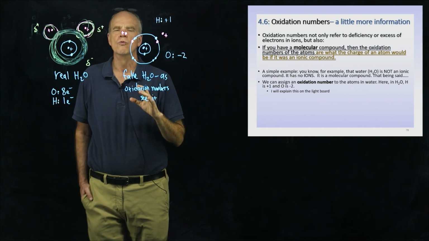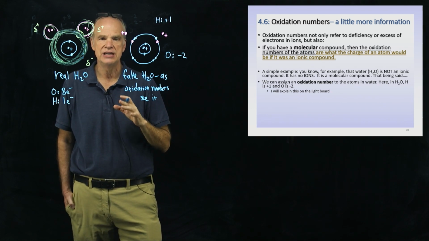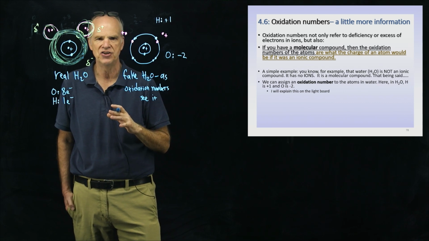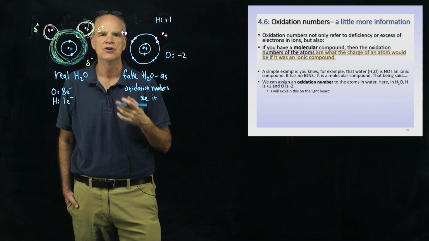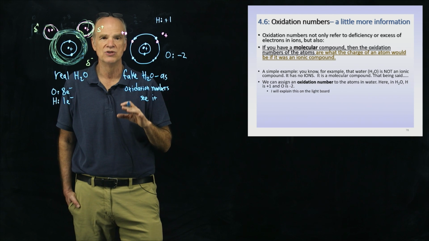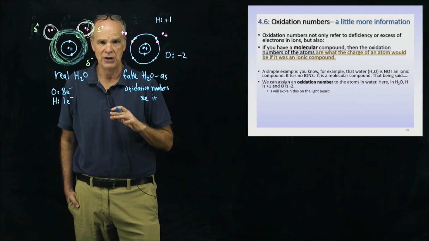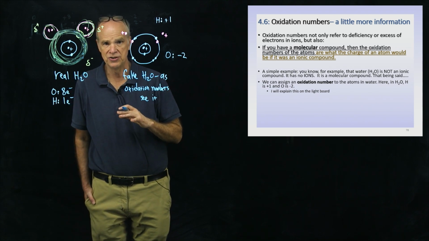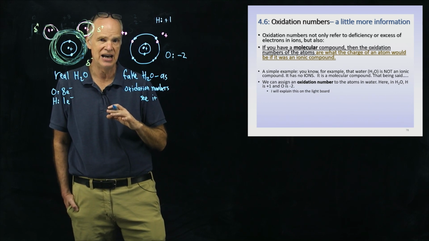So when you have an ionic compound, the oxidation number will be the same as the charges of the ions, because the oxidation number reflects whether you have extra electrons or a deficiency of electrons in the ions. When you have a molecular compound, it's different. Although the electrons in bonds between the different atoms of a molecular compound are shared between the 2 atoms, when we think about oxidation numbers, we pretend that's not the case.